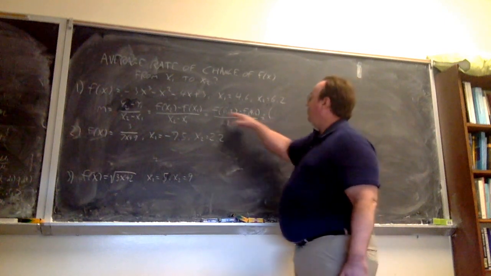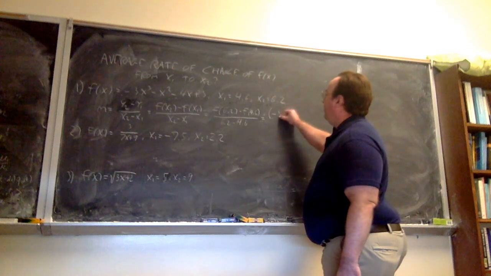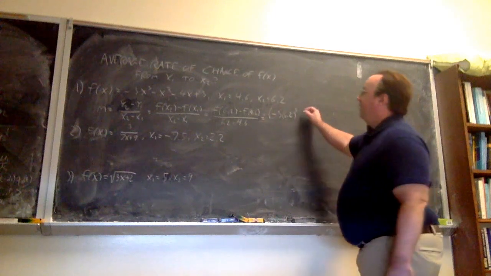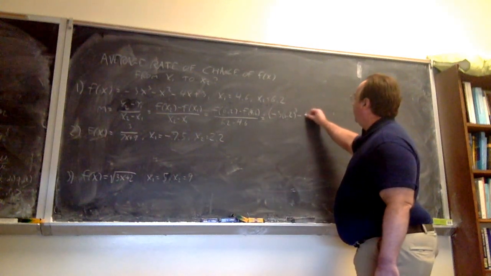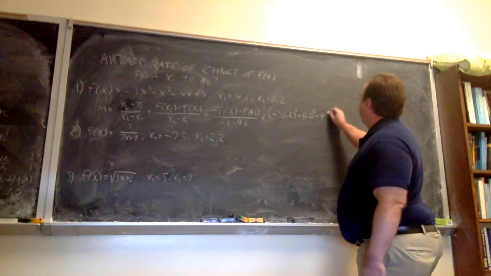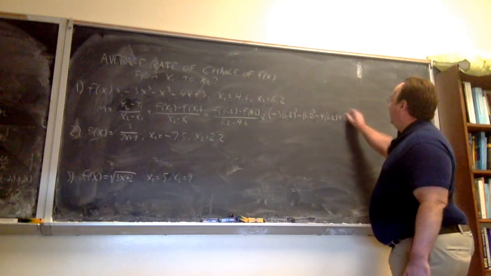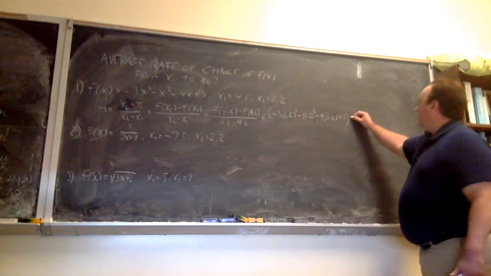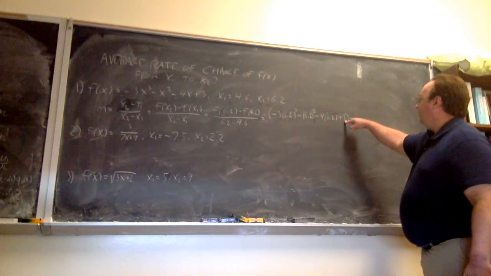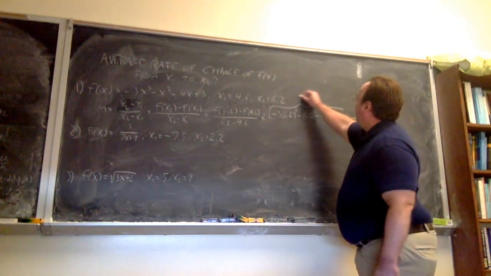So f of 6.2 would be, based on the formula for f of x, minus 3 times 6.2 cubed, minus 6.2 squared, minus 4 times 6.2, plus 3. Then I subtract off the value of f of 4.6, and notice I close the parentheses for f of 6.2. So all of this is f of 6.2.